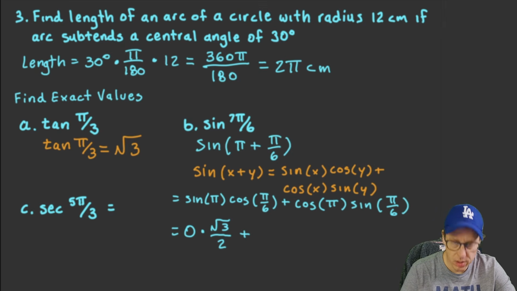Plus -1 times 1/2, and this ends up being equal to 0. It just cancels out the square root of 3 over 2, so this just gives us a value of -1.